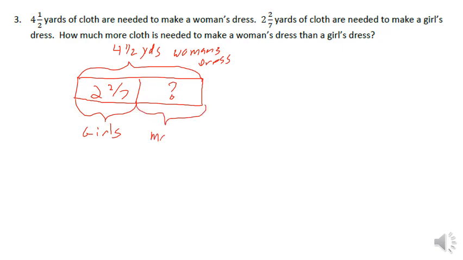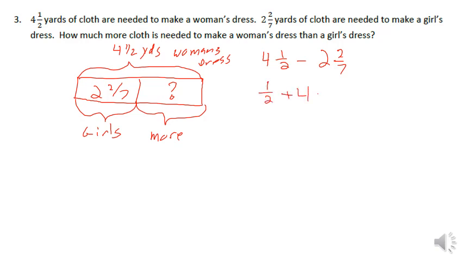And it's looking here for how much more material it took to make the woman's dress. So we can see what we need to do. We have 4.5 yards minus 2 2/7 yards.